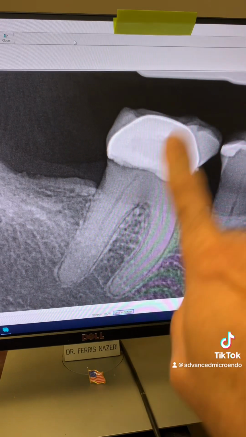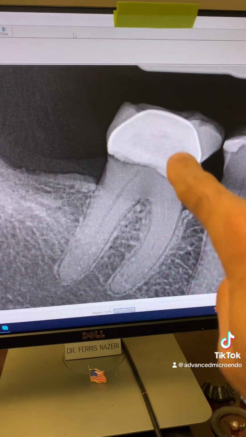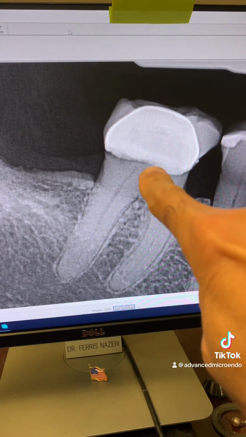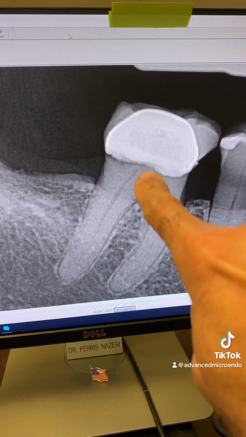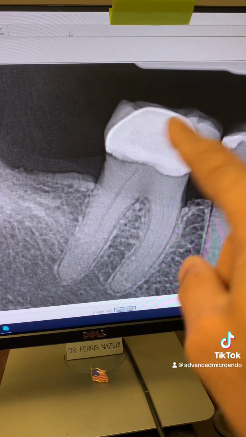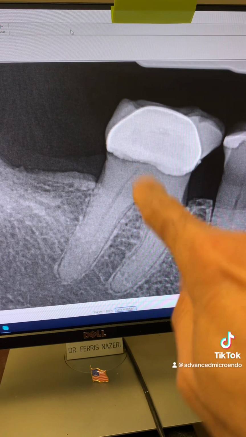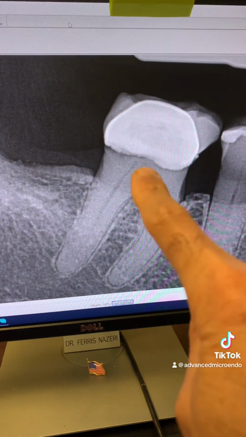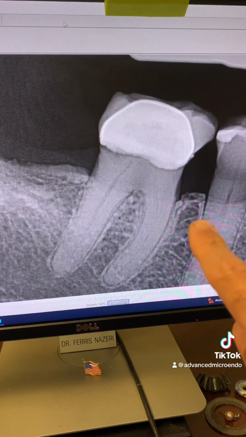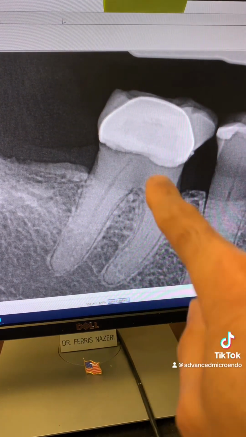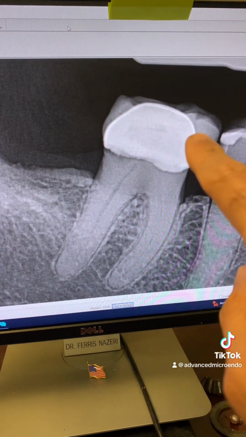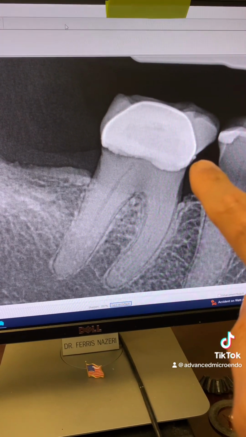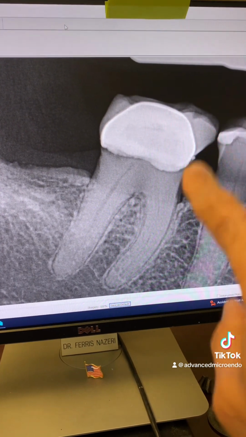And by the way, it was a necrotic tooth. I could see that there was no pulp exposure. The pulp was necrotic, but I could see the orifice of the distal canal. All right, so once I found the orifice of the distal canal, then I used geometry, triangulation, and I was able to locate the orifice of the mesiolingual canal.